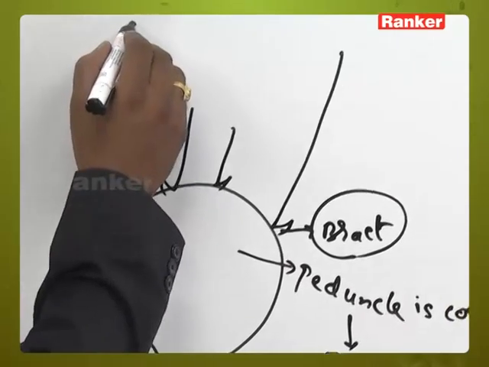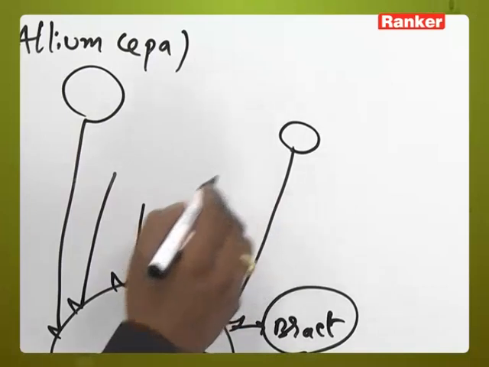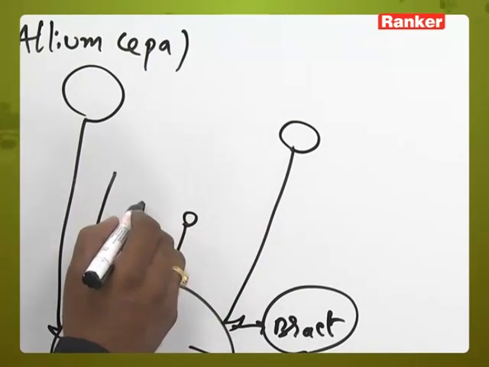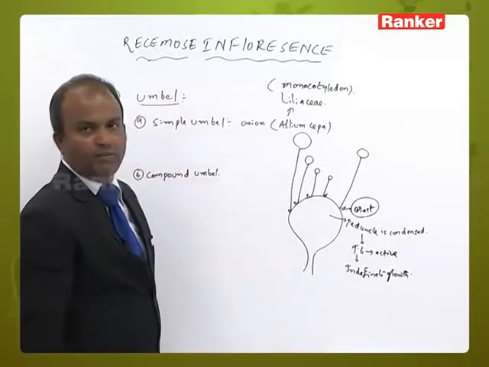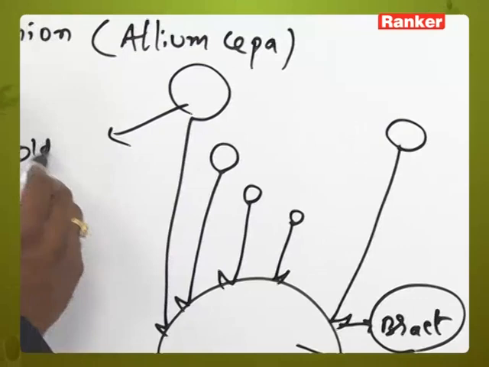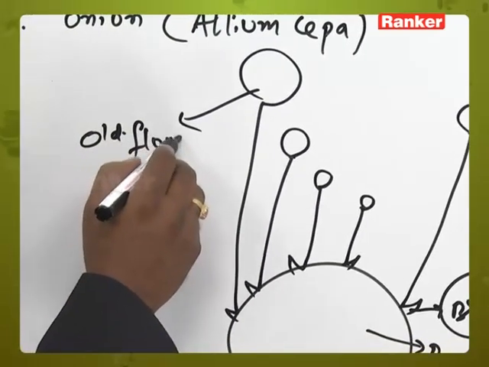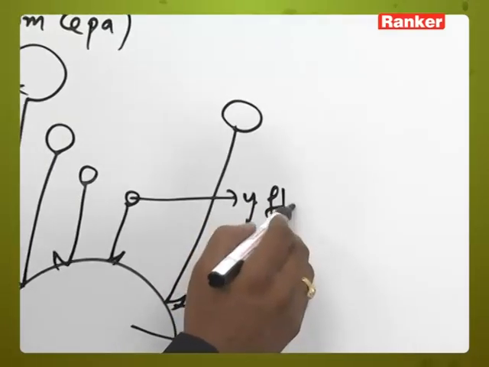Arranged in which manner? Now can you tell me? Arranged in a centripetal manner. These are the older flowers, and these are the younger flowers.